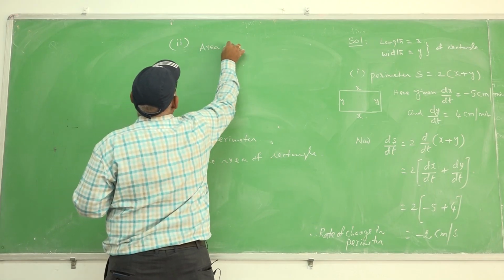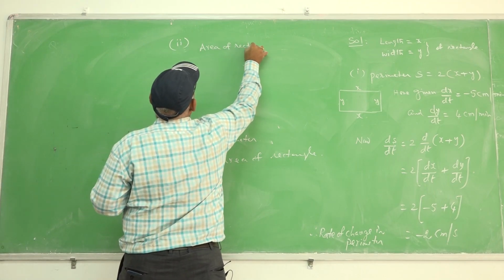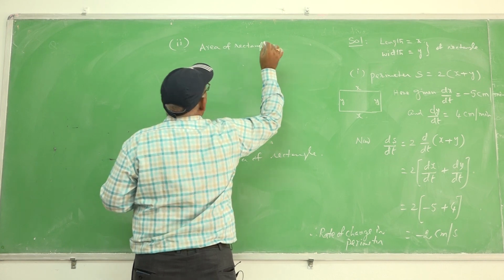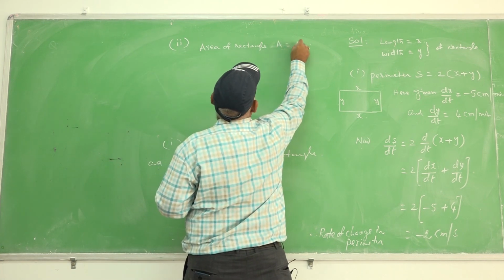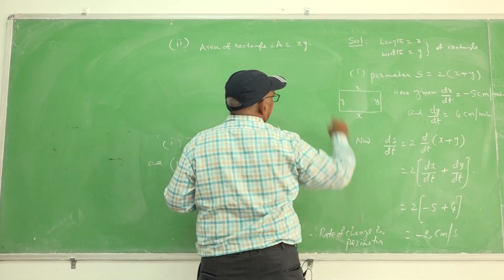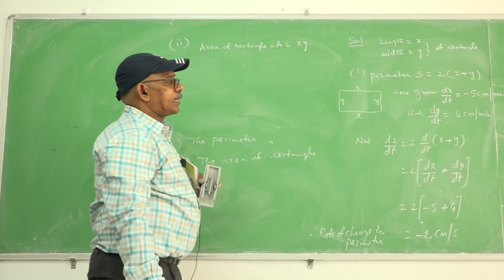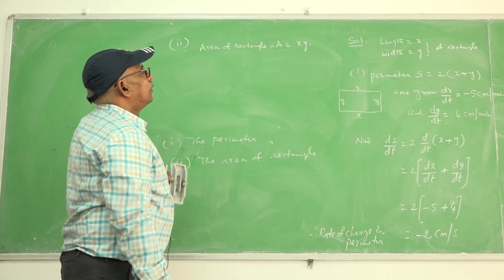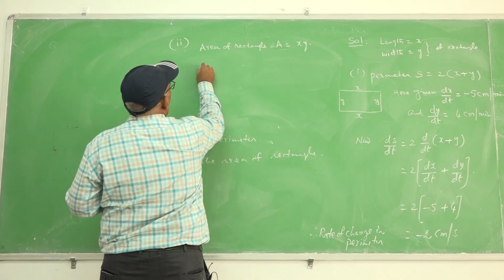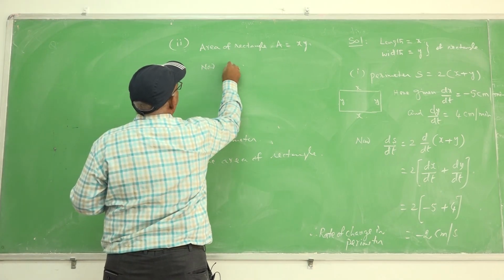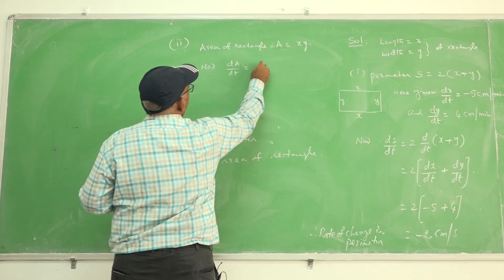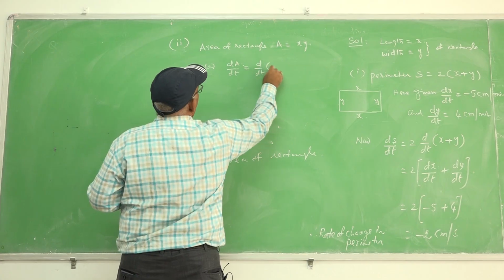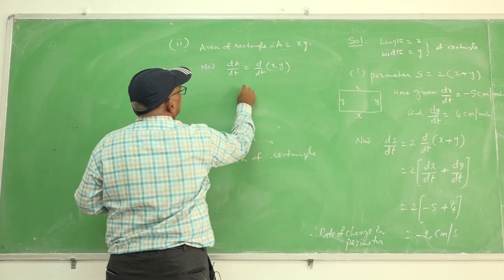Here area of rectangle, let us suppose that is A, capital A, which is x into y. Now dA by dt, the rate of change in the area of rectangle, dA by dt is d by dt of x y.